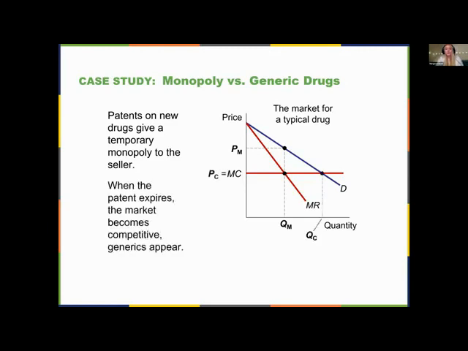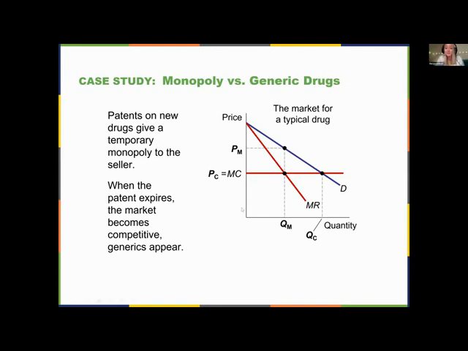So, when the patent expires, the market becomes more competitive, and generic off-brand coronavirus vaccines may start to appear. They aren't made by that first company anymore, but other companies start producing that same vaccine.